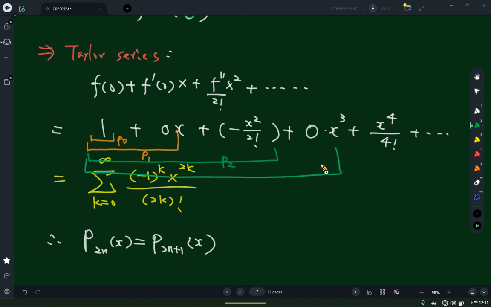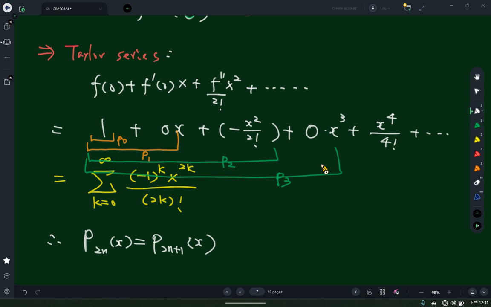Then this one is P3. So did you notice that P0 will be equal to P1? Why? Because we just add an additional term, which is 0. So P0 will be P1. P2 is here, then P3 with an additional 0. So that means P2 and P3 will be the same. So similarly, P4 is equal to P5. So finally, we can conclude this.